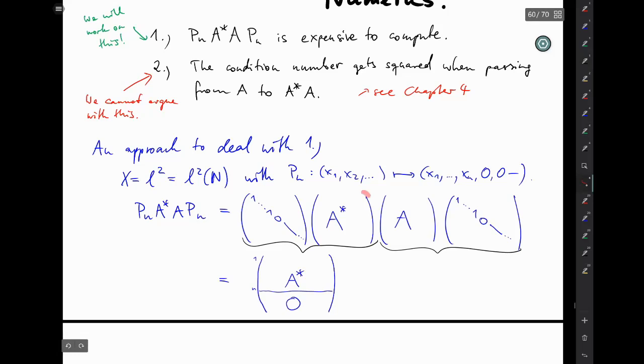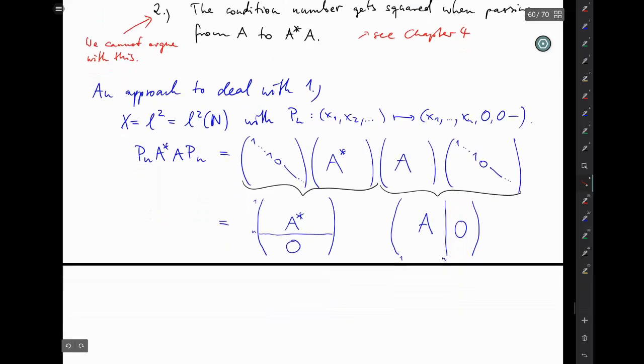If you left multiply your matrix A star with this Pn truncation matrix, the first n rows of A star survive and the rest is deleted, put to 0. Similarly, if you right multiply your matrix A by the truncation Pn, the same happens with columns. So the first n columns survive and the other columns are all replaced by zeros.